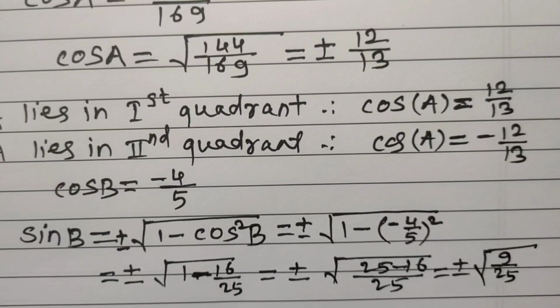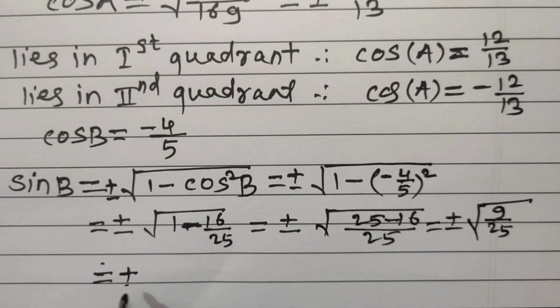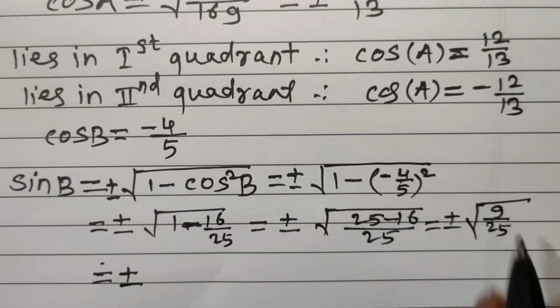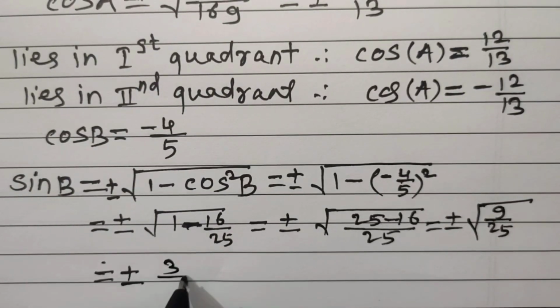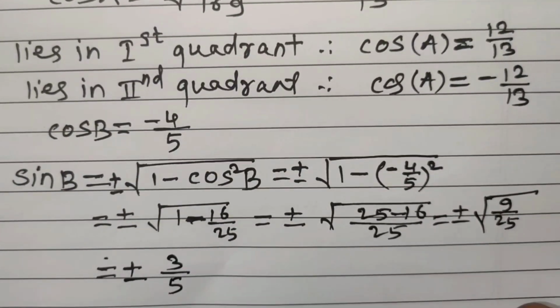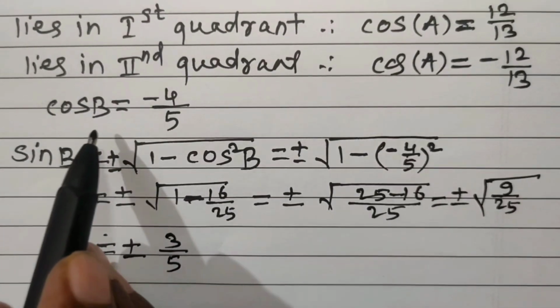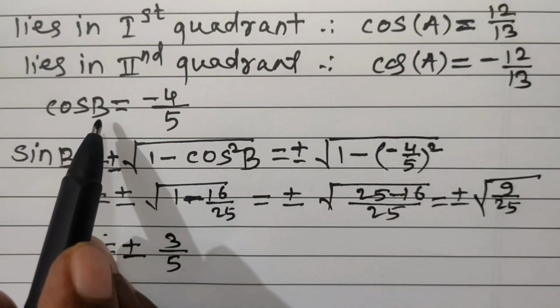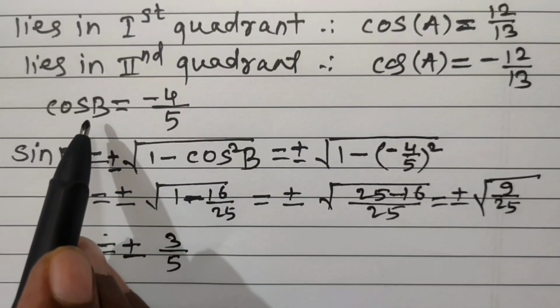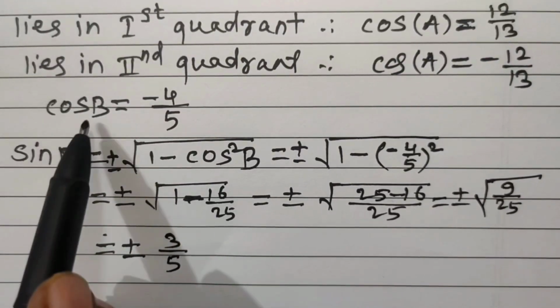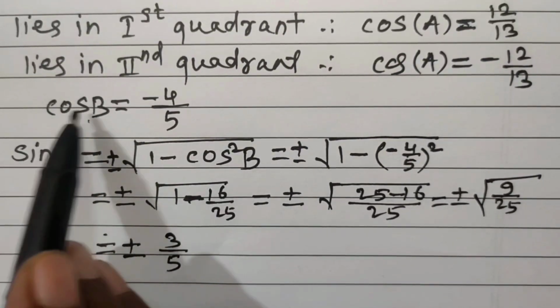So sin B will be either plus or minus square root of 9 upon 25, that will be 3 upon 5. But here the cosine ratio is given as negative. So B must lie either in the second quadrant or in the third quadrant, because in the second and third quadrants the cosine ratio is negative.